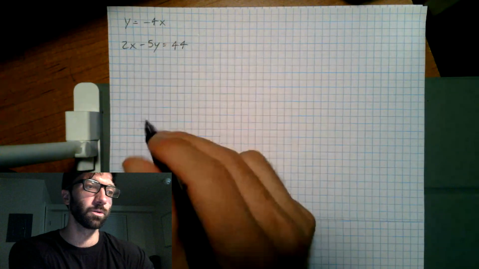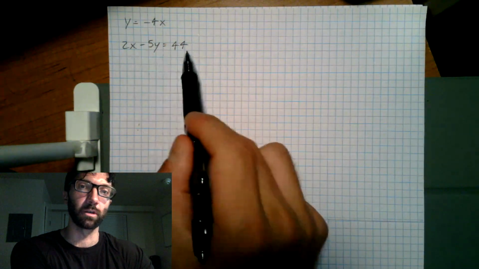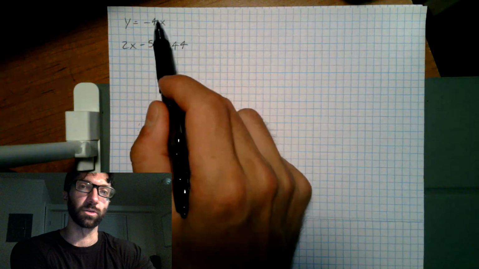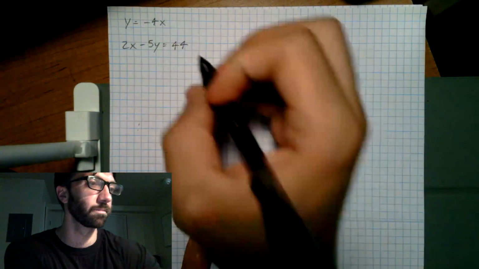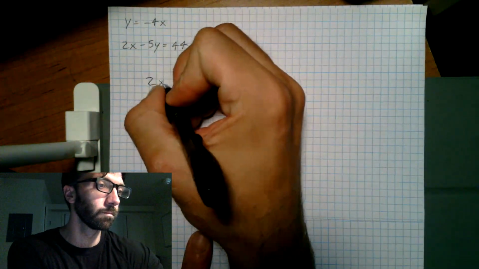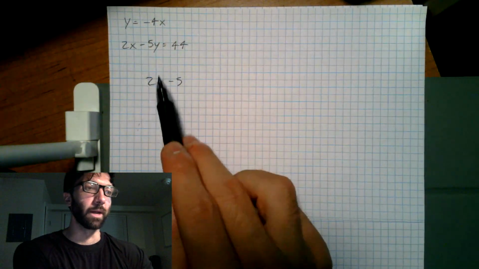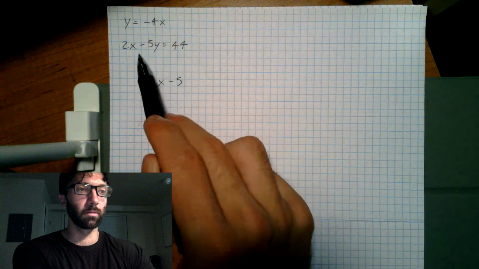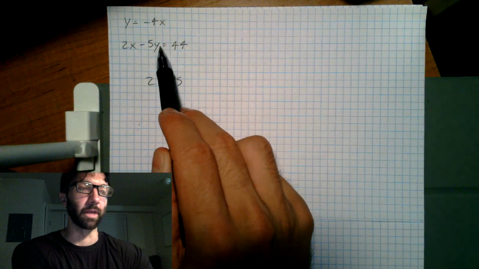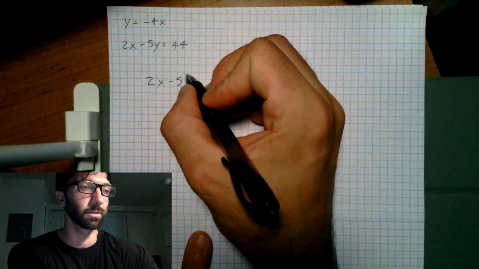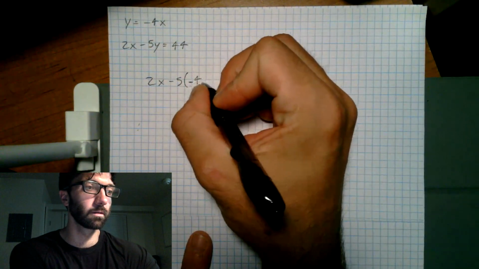And so what I'm going to do is I'm going to copy down this equation exactly, except instead of a y, I'm going to substitute the negative 4x. Okay? So I have the 2x minus 5 times y, but I know that y is negative 4x, so I'm going to say minus 5 times negative 4x.